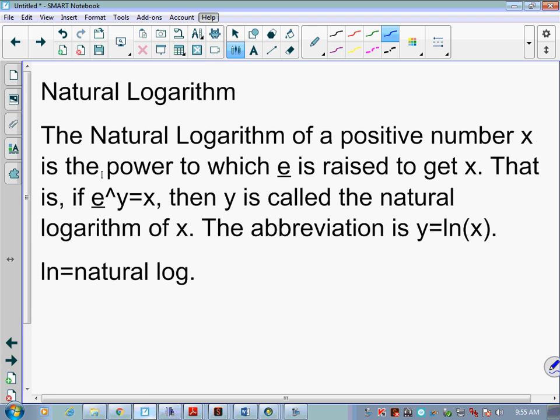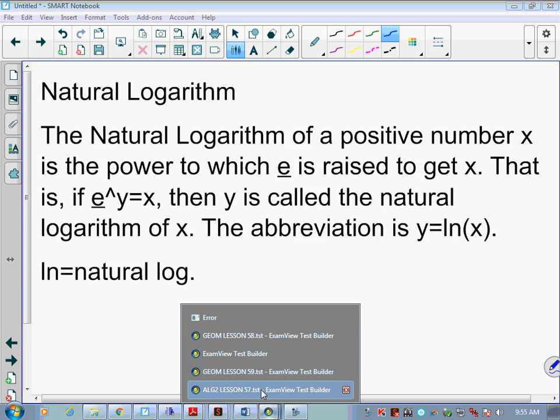Where I've got e to the y equals x, then y is the natural log of x. So I can figure that out this way, and I'll show you. Okay, let's go back to the question.